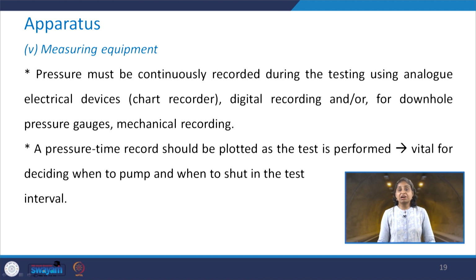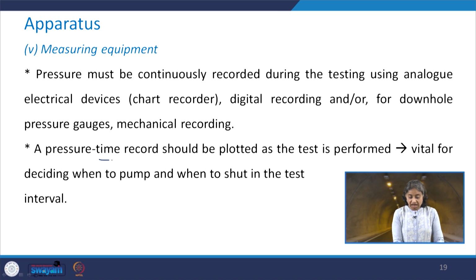The pressure must be continuously recorded during the testing using analog electrical devices or chart recorder, digital recording, and or the downhole pressure gauges or mechanical recording. Some of these terms we will learn when we discuss instrumentation and monitoring.